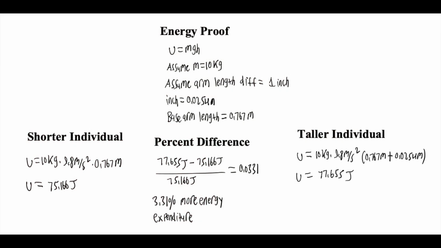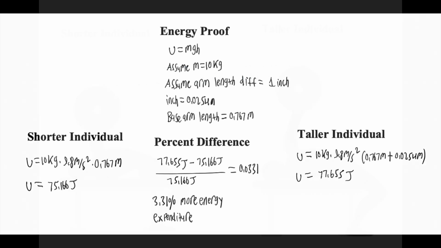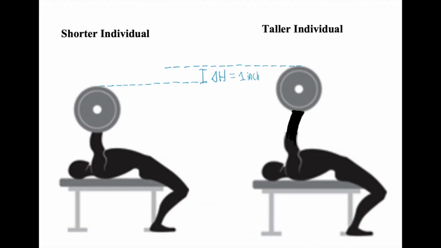In order to mathematically prove that what we're talking about is real, we calculated the difference in torques for shorter and taller individuals in a hypothetical situation. So, as showing now, we calculated the increase in energy and torque expenditure for an individual with 1 inch longer arms in the bench press relative to someone with 1 inch shorter arms.